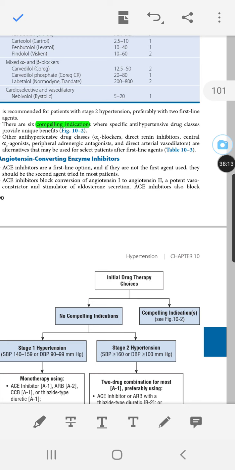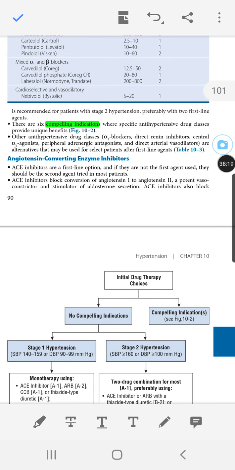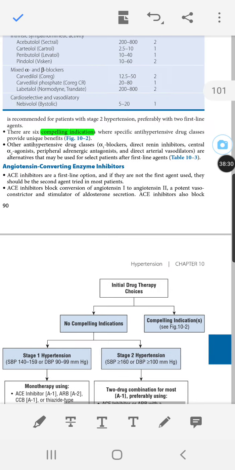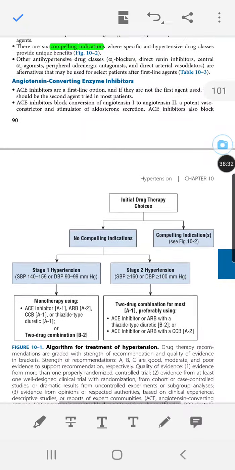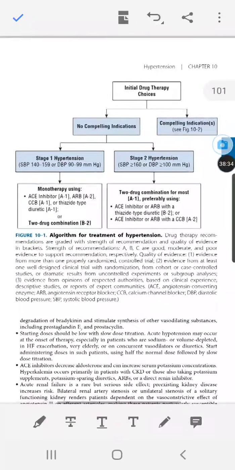So first of all we have to give the first line agents. If the patient is not getting benefit from the first line agent, then we can go for the combination therapy. If the combination therapy has not given any benefit to the patient, then we go for the newer drugs. So you can see here, this is the flow chart.